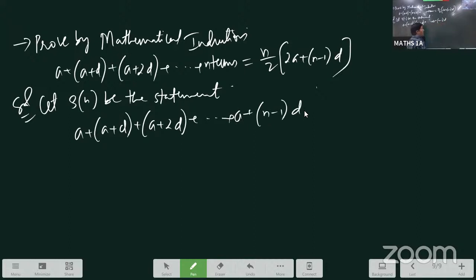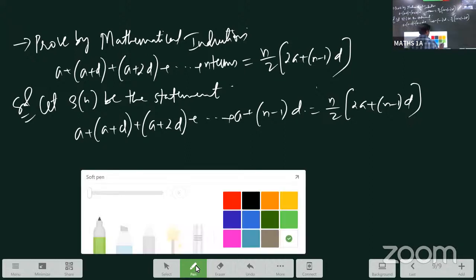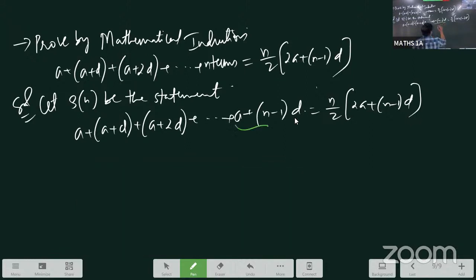The sum is n by 2 into (2a plus (n minus 1) into d). Is it clear? So your nth term is nothing but a plus (n minus 1) into d. This is your nth term.